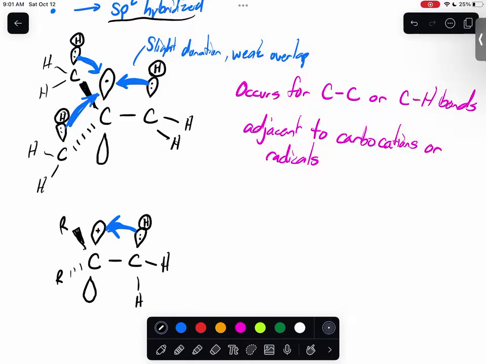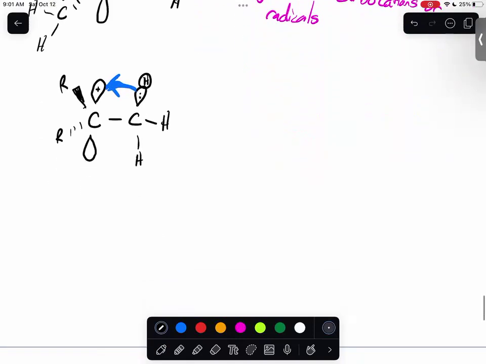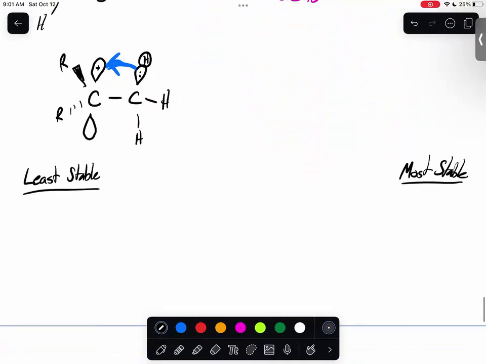So essentially what this means is that radicals can be stabilized by this, and so it now gives us another way to classify radical stability. So if we were looking at something like this chart down here, right, the least stable radical would be, for example, something that has no hyperconjugation, like the CH3 radical, right?